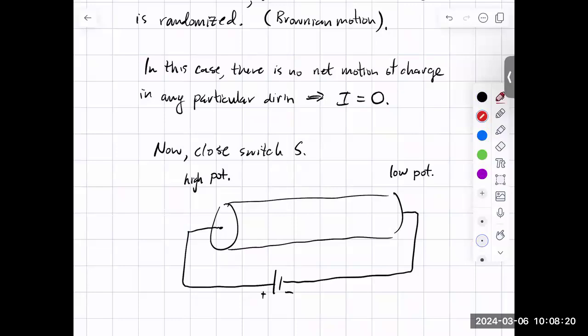And so what we have inside of our conductor now is an electric field that points, in this case, from left to right. So now this is a non-equilibrium situation because our requirement for conductor equilibrium was that the electric field inside had to be 0.